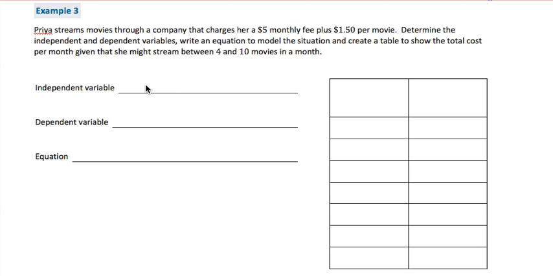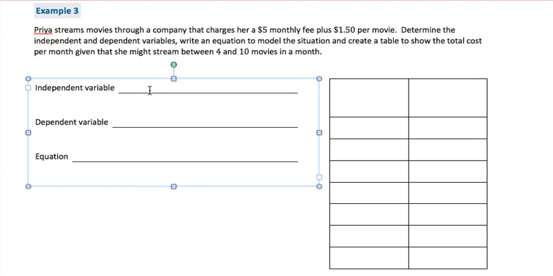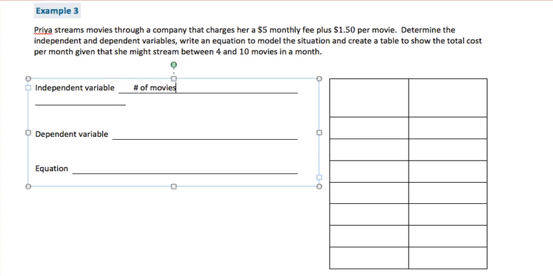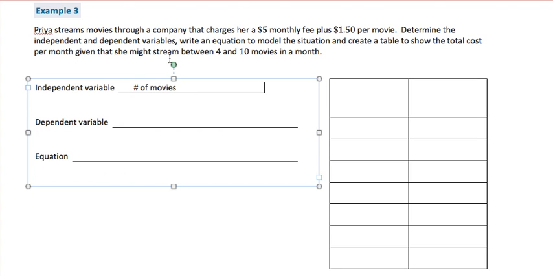So our independent variable is going to be the number of movies. Our dependent variable will be the total cost per month.